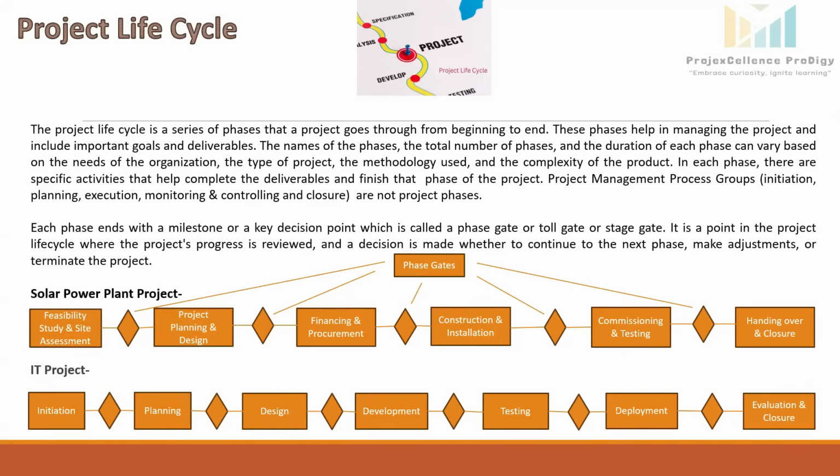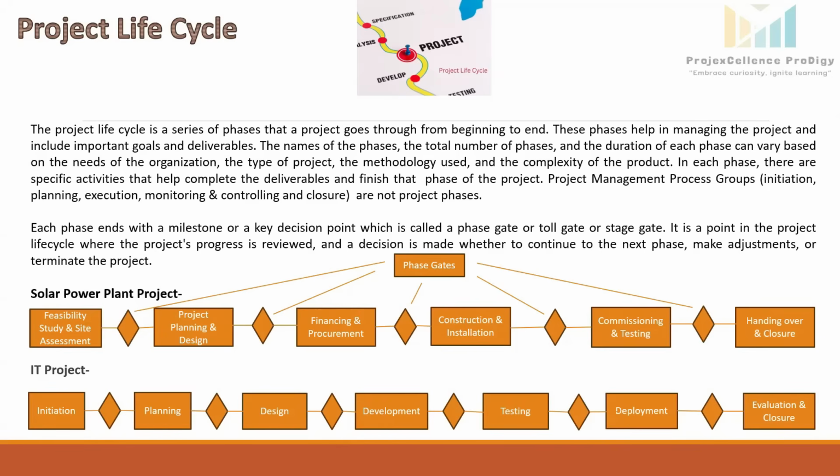Whereas the process groups are the categories of activities that are applied throughout the project, regardless of any specific phase. The purpose is to ensure a structured approach to project management by consistently applying best practices and processes.